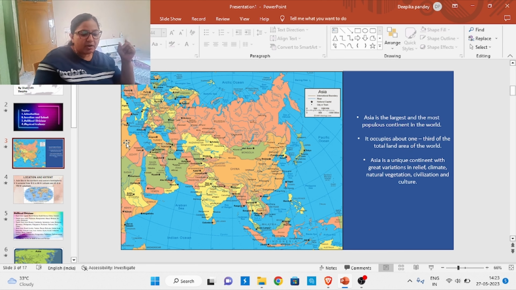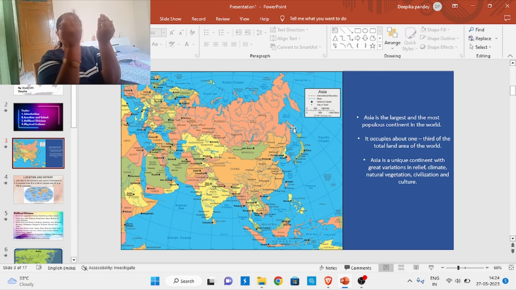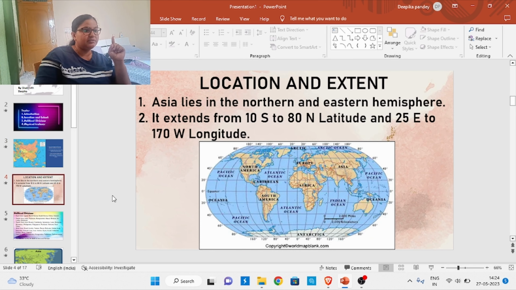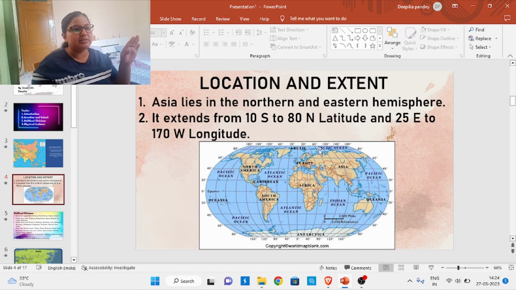Okay. And whereas from this side, if you see children, actually the Earth is a kind of sphere, right. And when we move towards this eastern side, we will come across the other continent, that is North America. See here, just to your knowledge, this is the open part, this entire is the open part of the globe, right.